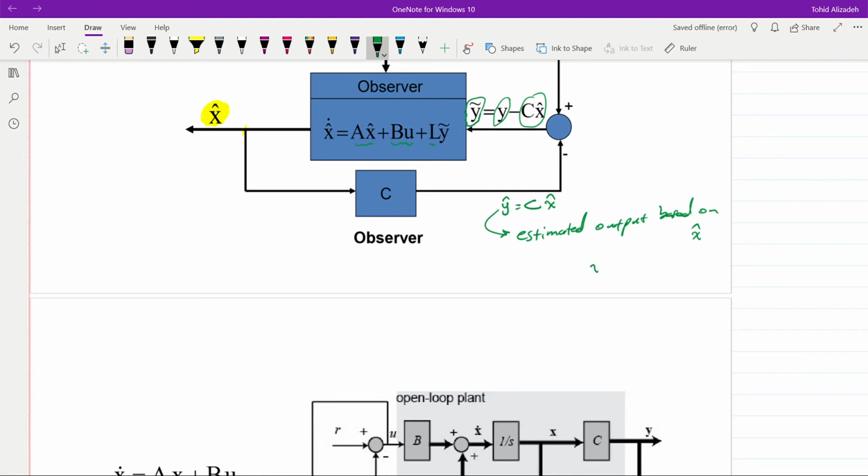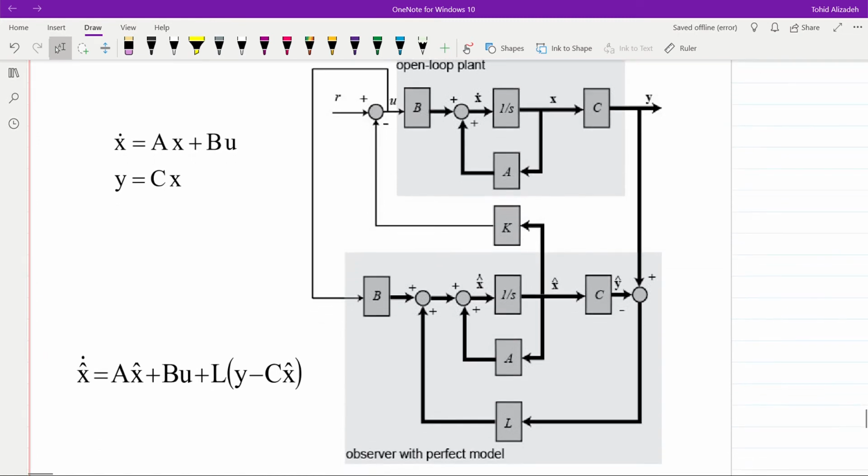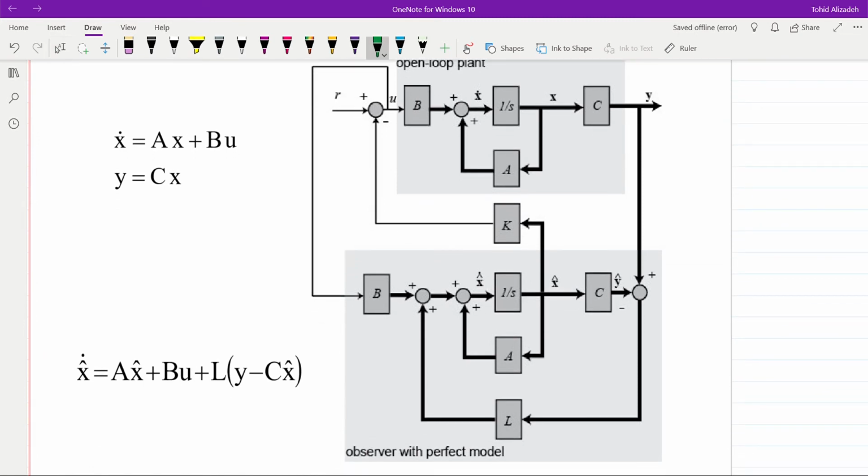Here you can see how the observer is receiving inputs, the u input and y over here, and eventually it creates x hat as an output, which could be used instead of the x itself in designing the controller.